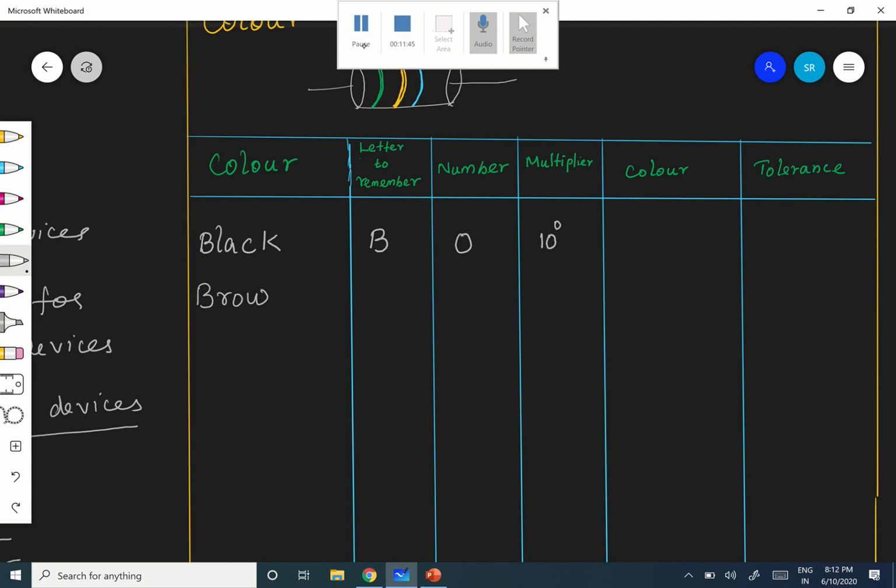First you understand this, after that we will go back to the color code I drew here. Brown is also B, first B, second B, you have to remember. For brown, the number is 1 and the multiplier is 10 power 1. Then the next one is red.